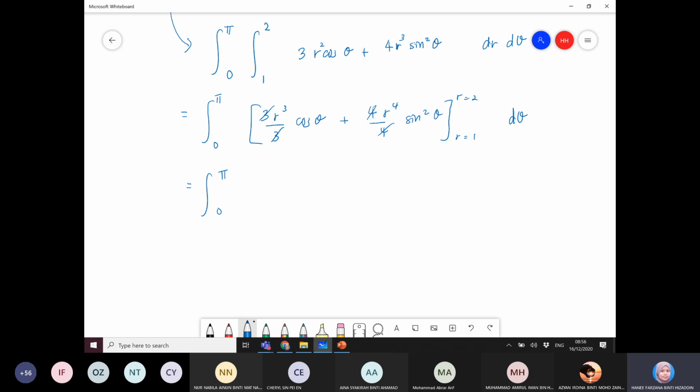So this gives cos theta plus sine squared theta d theta.